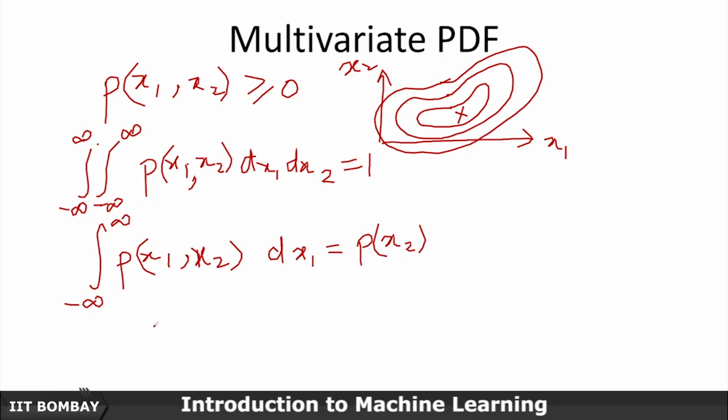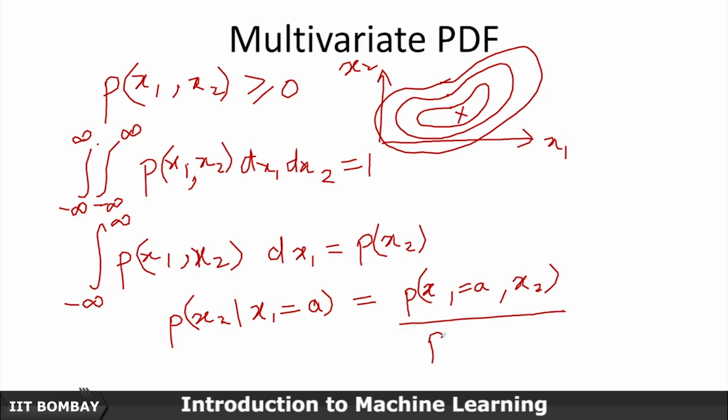And if I want a conditional, so p of x2 given that x1 takes a value a is going to be, again by Bayes theorem, p of x1 is equal to a comma x2, whatever value x2 takes, divided by the density p of x1 is equal to a.